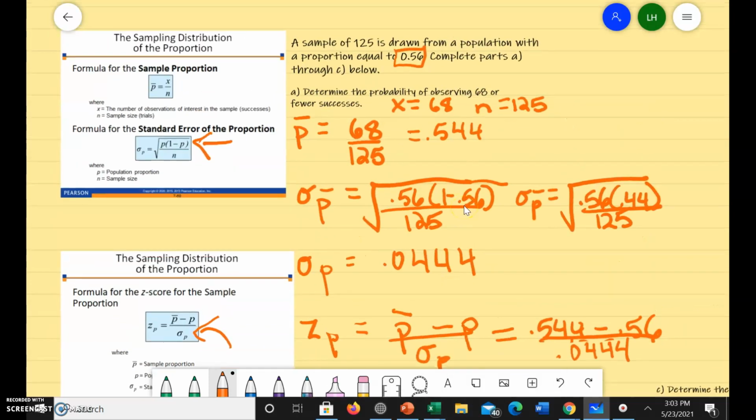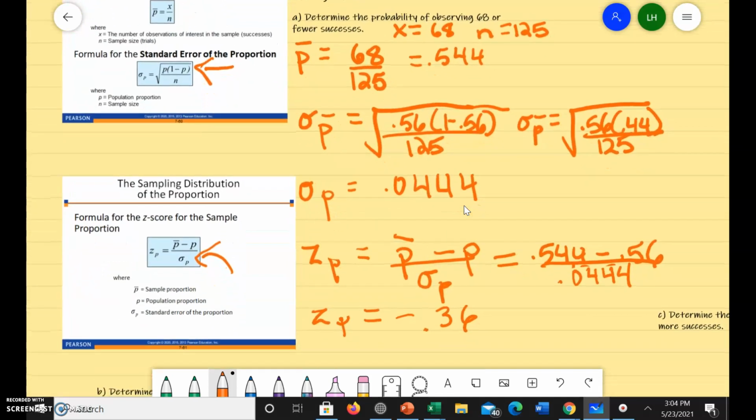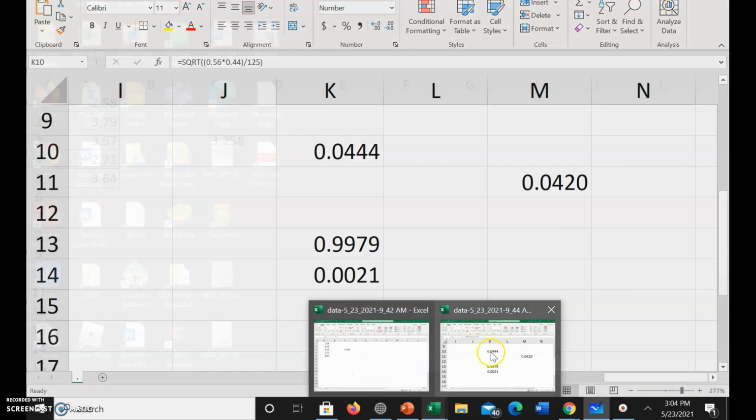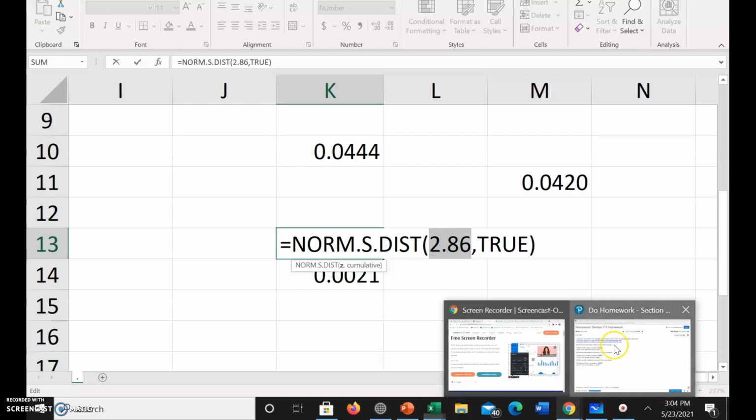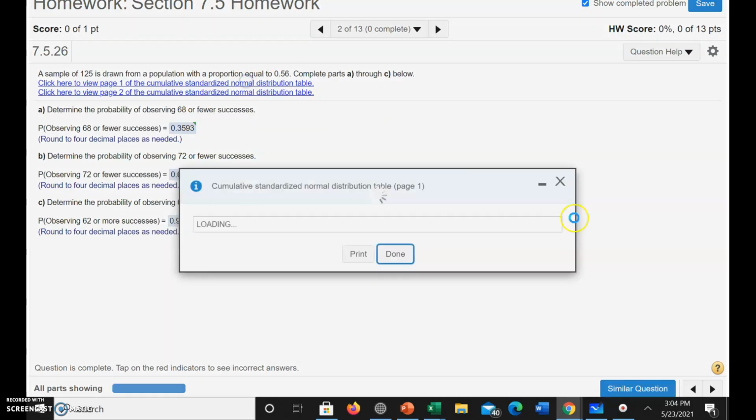we're looking for observing 68 or fewer, so it is going to be cumulative. And we're doing this the same way that we've been doing this part. Oh, we're using the table though. So we need to look this up on the table.